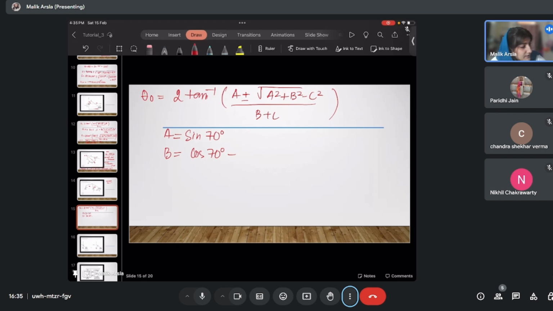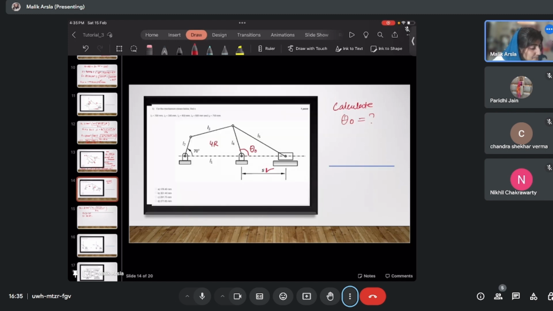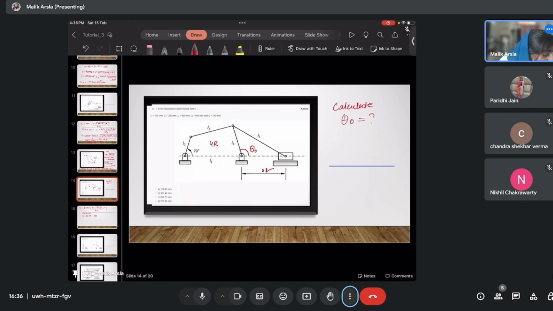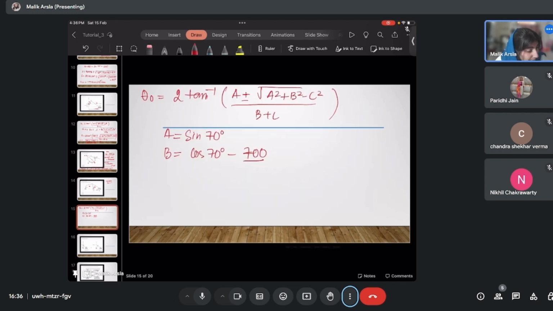L1 here is given as 700 upon L2, which is given as 300 mm, and C is given as L1 square plus L2 square plus L4 square.